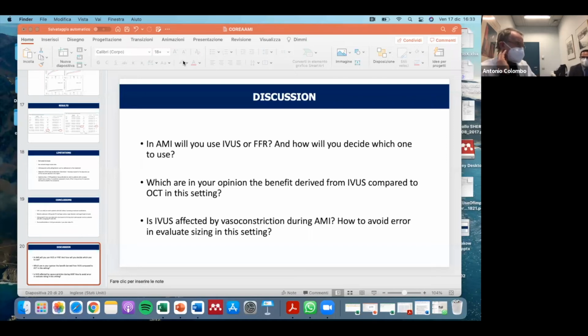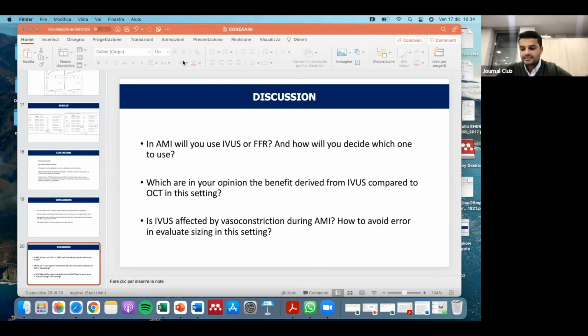So I prefer IVUS for this reason, but maybe if you inject very slowly, but you know, it's not so easy. So I prefer IVUS in this setting.